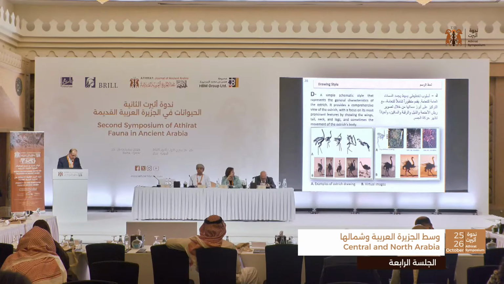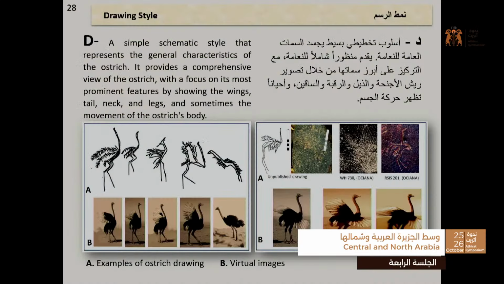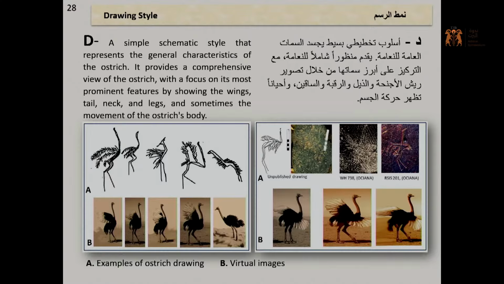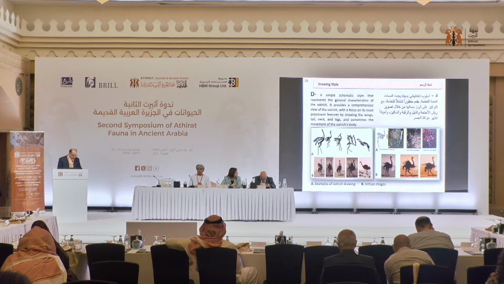Here is a simple schematic style that represents general characteristics of the ostrich. It provides a comprehensive view of the ostrich, with a focus on the most prominent features by showing the wings, tail, neck, and legs, and sometimes the movement of the ostrich body.